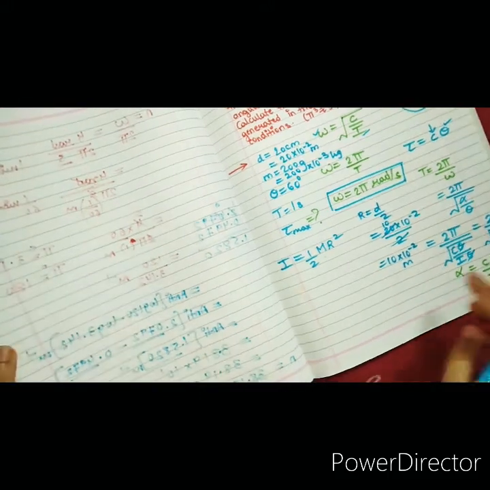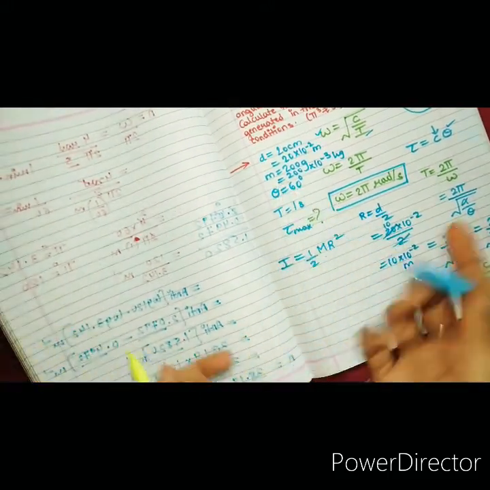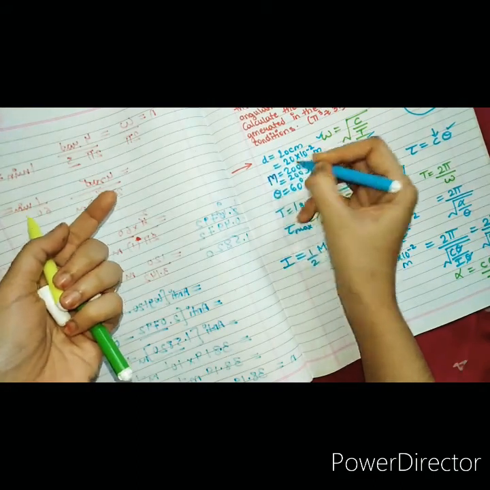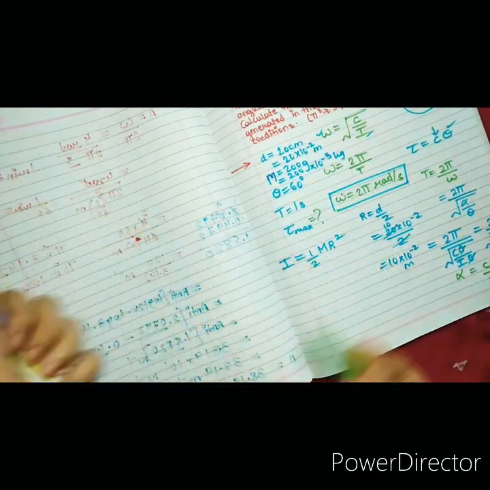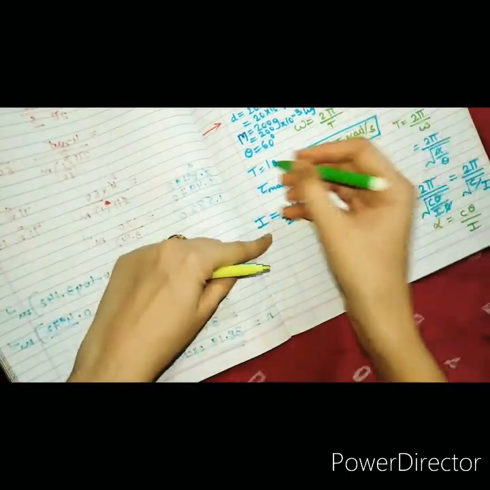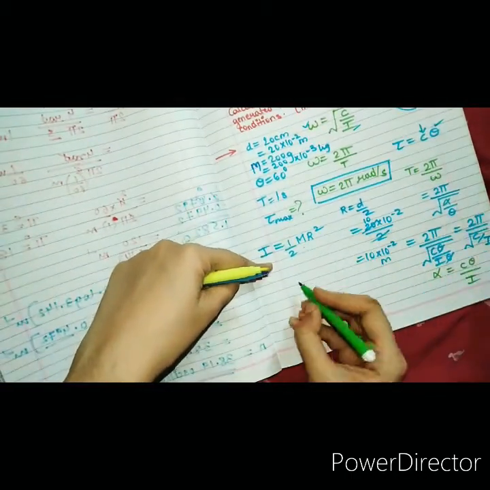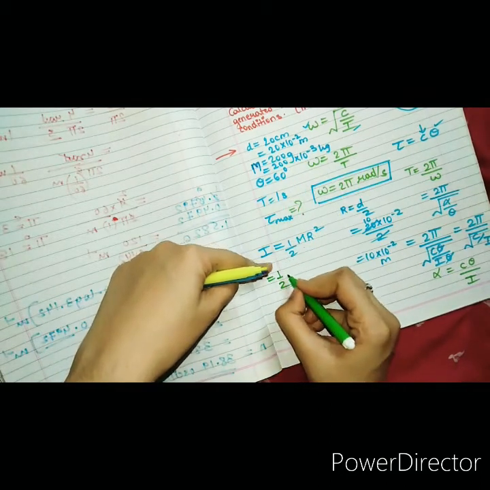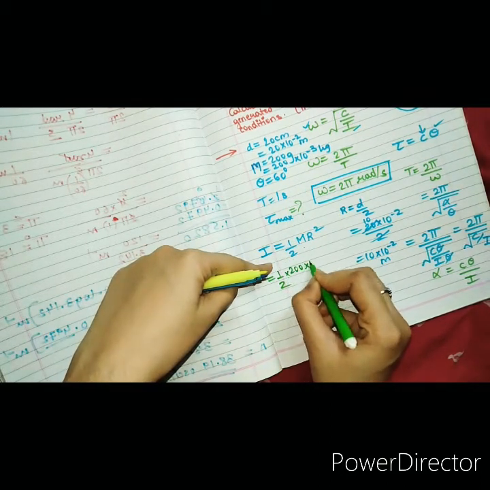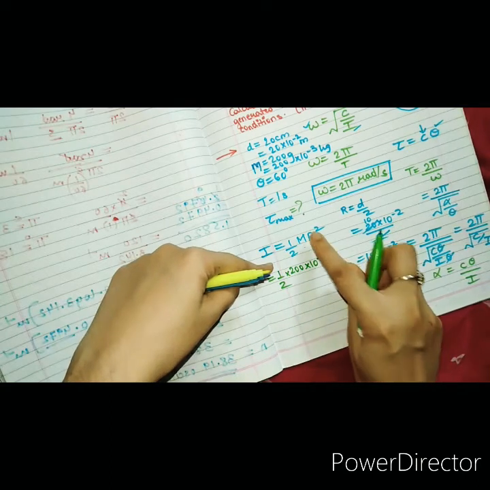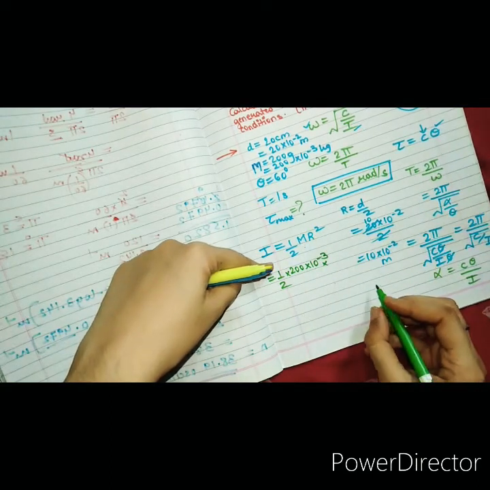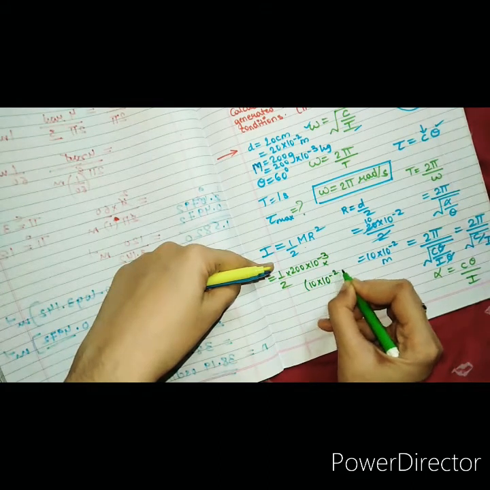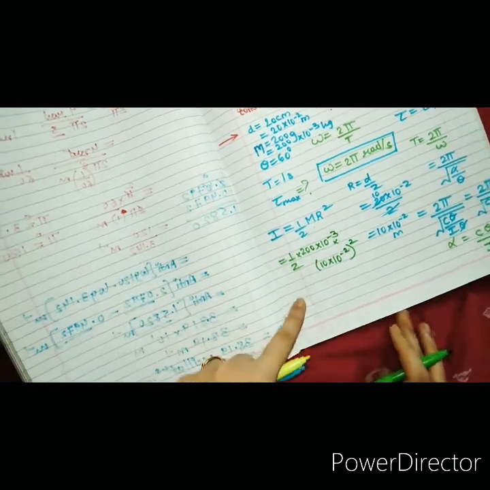This is my radius. What about mass? Yes, I have mass. I have just taken here capital M. You can do the changes in the given. Let this be capital M, that doesn't make any difference. Now, half capital M is 200 into 10 raised to minus 3, into radius square, my radius is 10 into 10 raised to minus 2 the whole square.